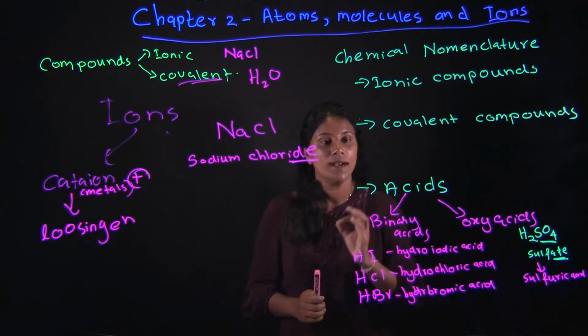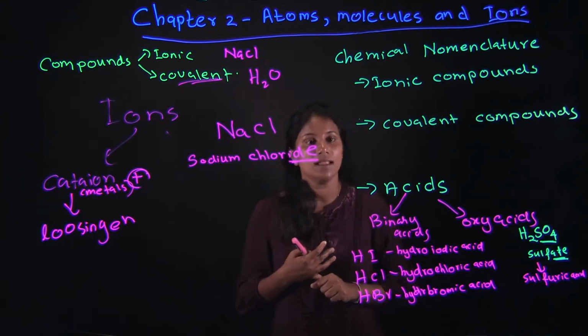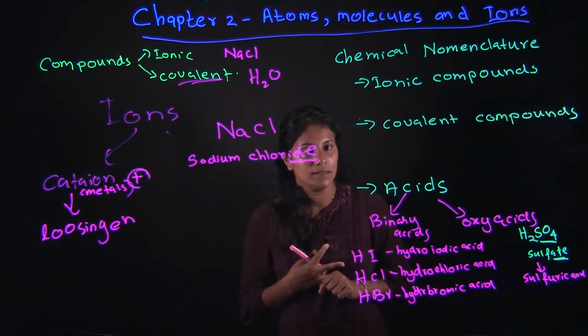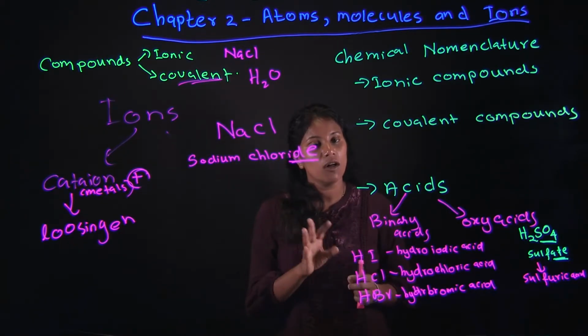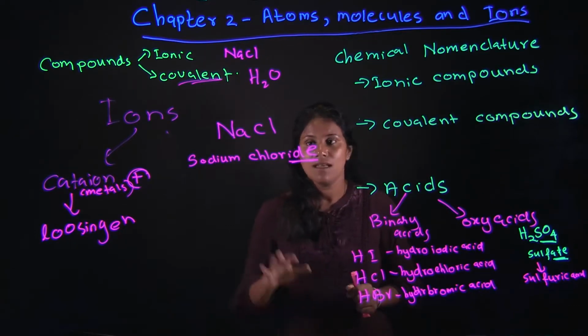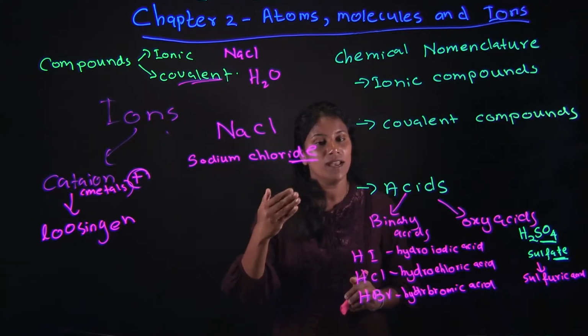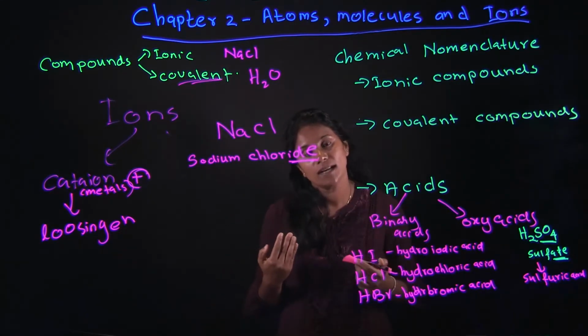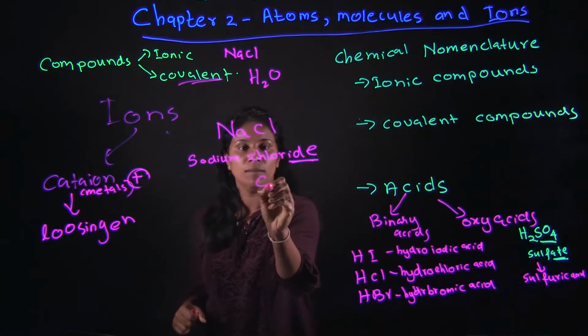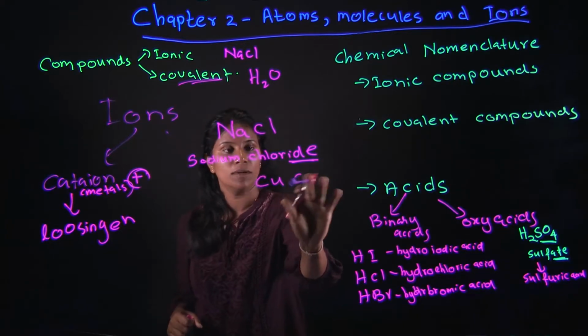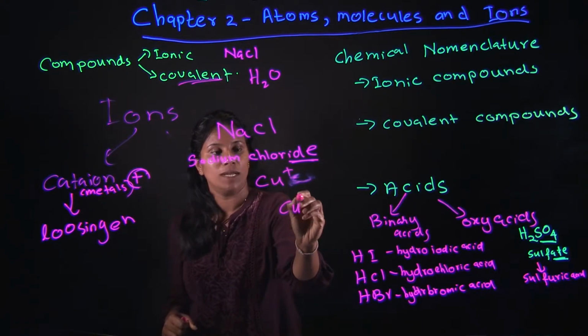The metals that form one type of cation are, for example, the alkali metals, alkaline earth metals, and group 3 like aluminum, silver, zinc. They always form one type of cation. That's easy. But whenever you have a metal that forms more than one type of cation, for example copper, copper forms copper 1 plus and copper 2 plus.